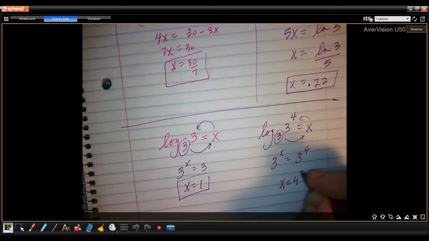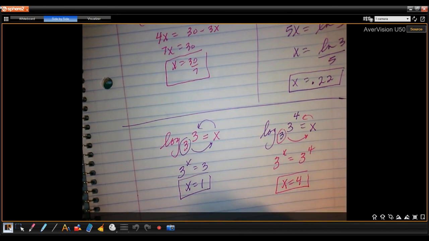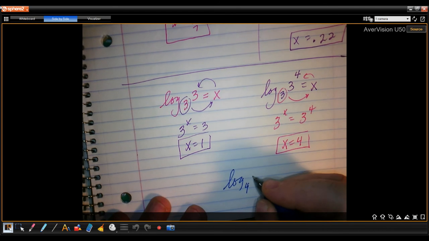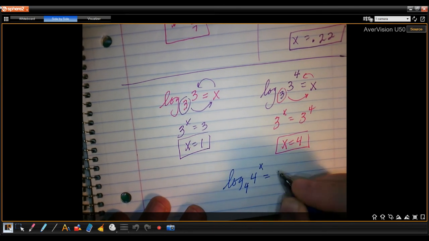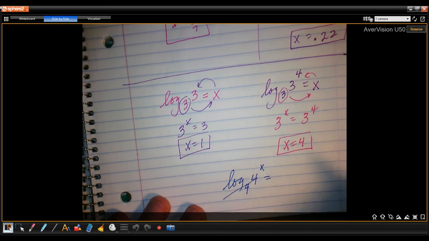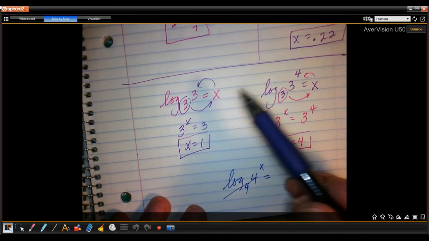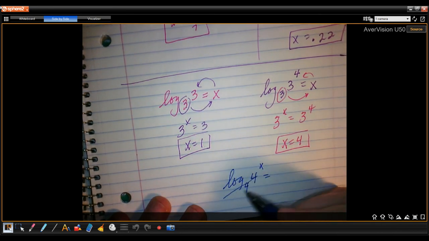Well, in my notes, the shortcut was this. If you have a log and a base and then a number, you saw stuff like this where it just crossed out, because whenever you have the same base and that number match, we just proved it here, it's always going to be 1. So this right here cancels out to 1, so the answer is just x.